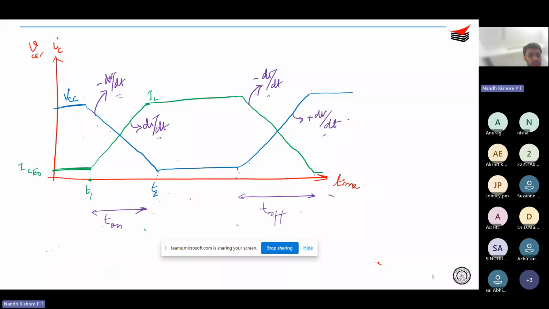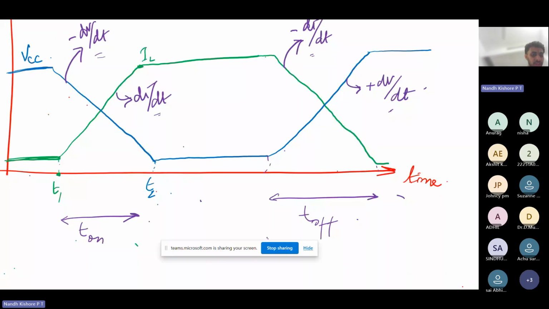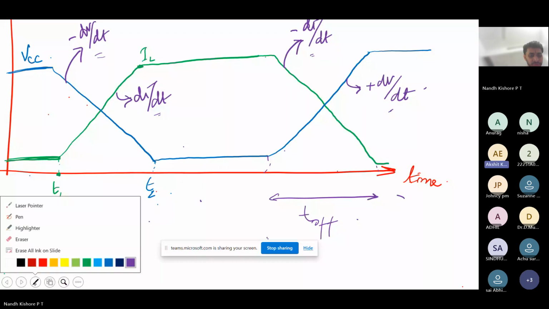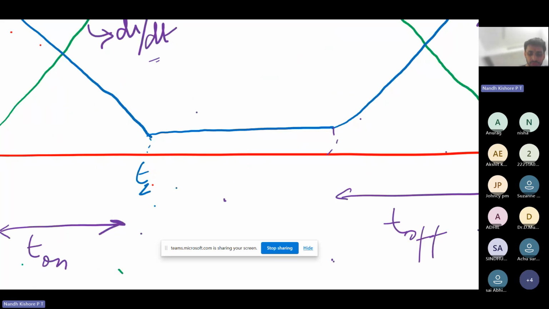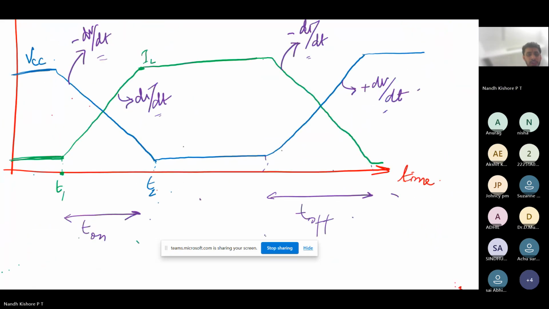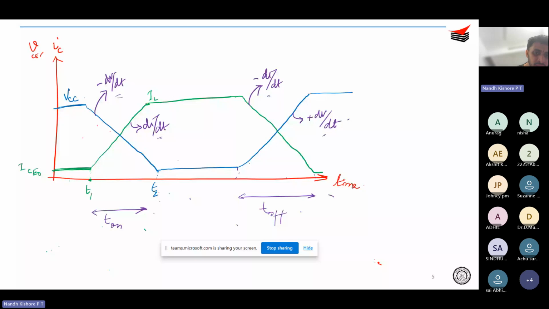Just for you to appreciate this, what you might be seeing is something like this. The waveform is expected to be something like this. And similarly during turn off as well, you would see some undershoots, and the same thing would repeat for the voltage as well, right?